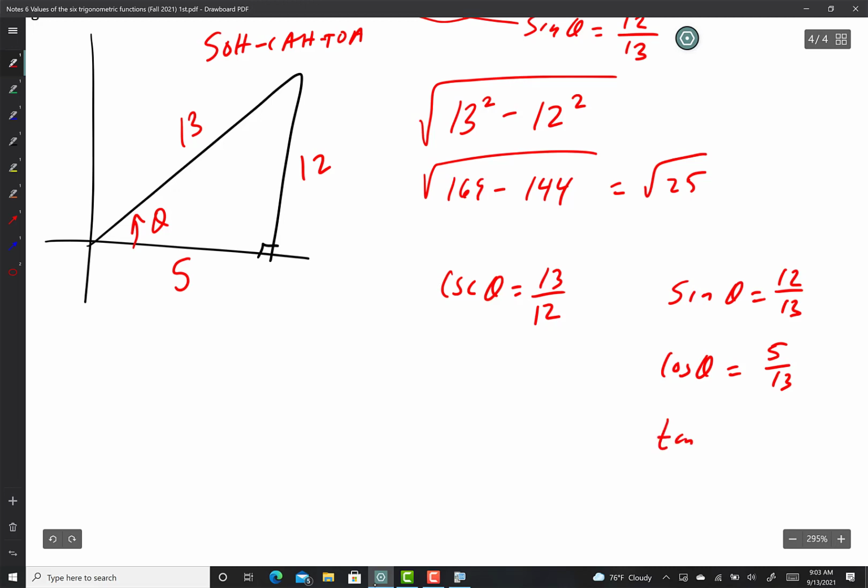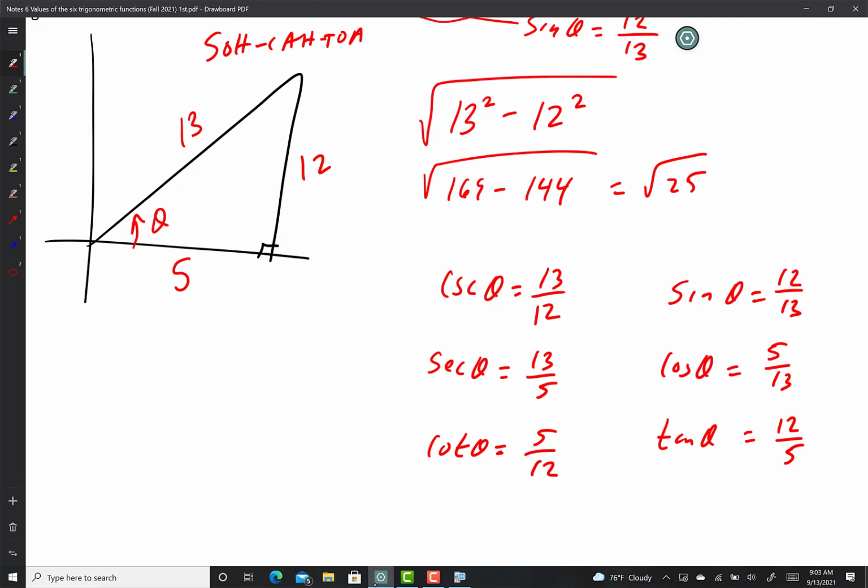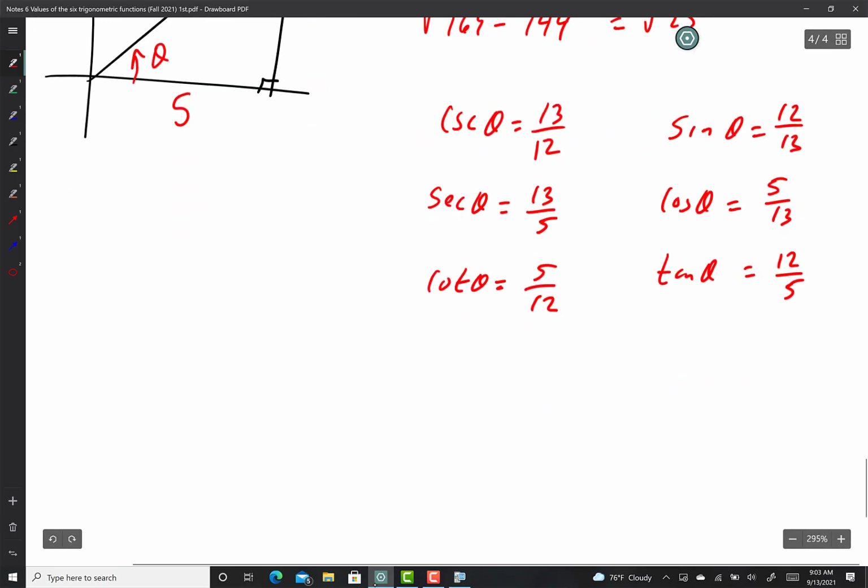Tangent is opposite over adjacent, so 12 over 5. Perfect. Which one do we not have? Secant. Secant is the reciprocal of cosine, so 13 over 5. And then cotangent is the reciprocal of tangent, 5 over 12. How do you guys feel? Not bad, right? We have a little activity. You can do it in groups.